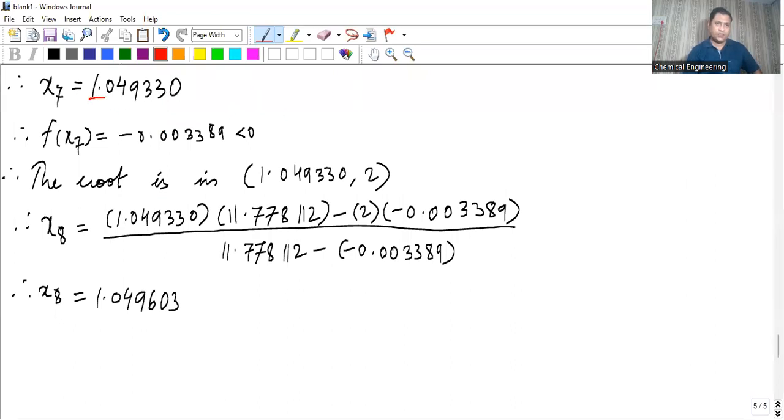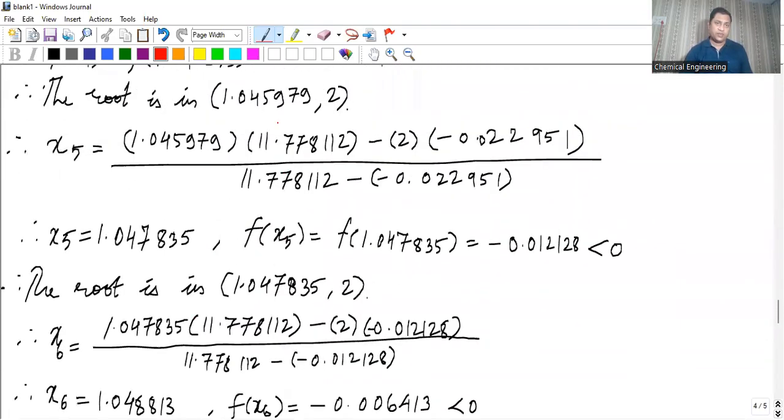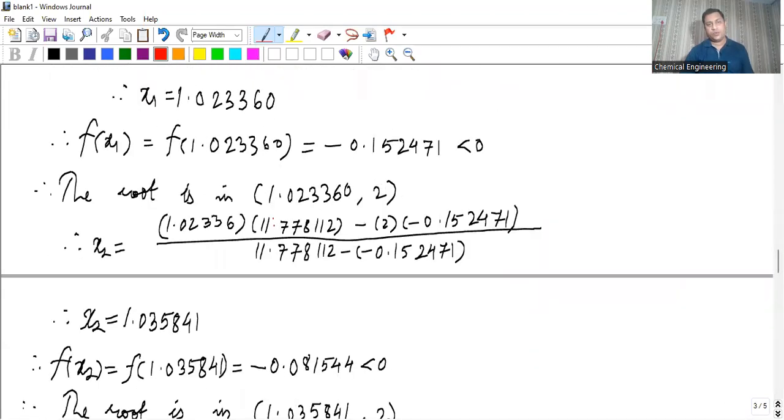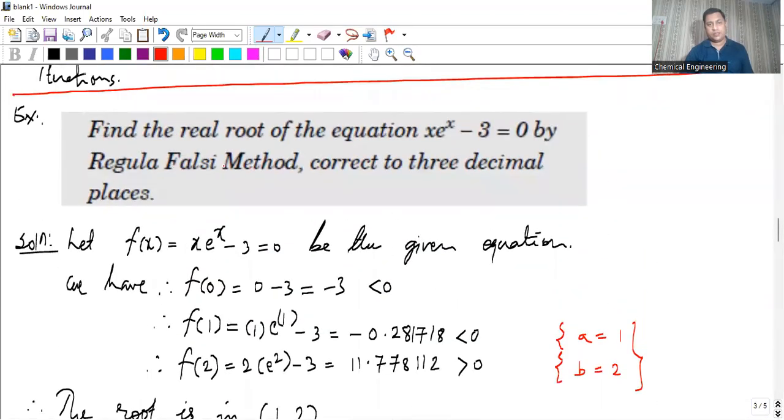So you can see now for x7, it was 1.049, and here it is 1.049. Okay, so we can see the 3 digits after the decimal point are matched, and hence we can stop here for this example. So what was our example? Correct up to 3 decimal places.